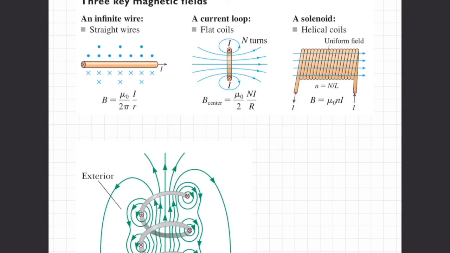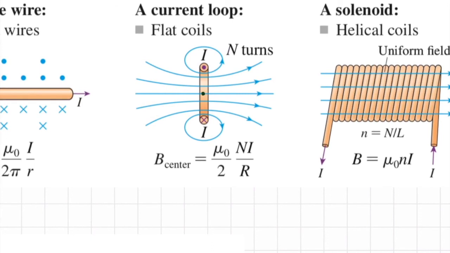If you have many turns, given by N turns, then the magnetic field at the center is given by this. R is the radius of the loop. So this is B at the center, which is the magnetic field right at this point. If you are a little bit far away from the center, then the magnetic field will be weaker, so you have to use the Biot-Savart law to calculate that.